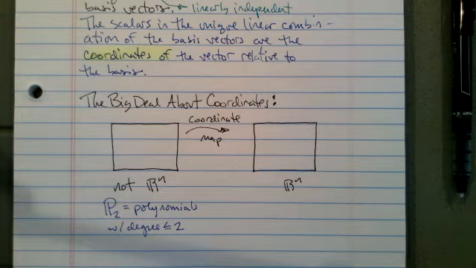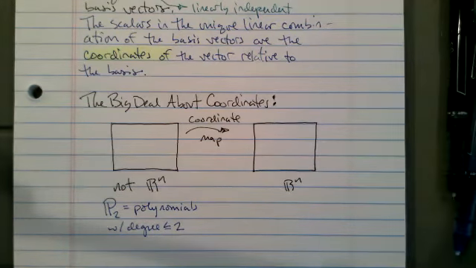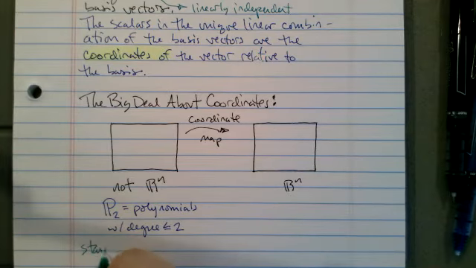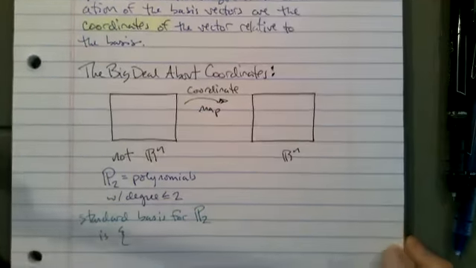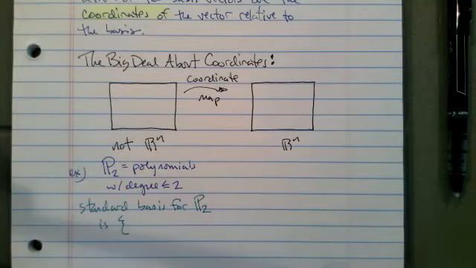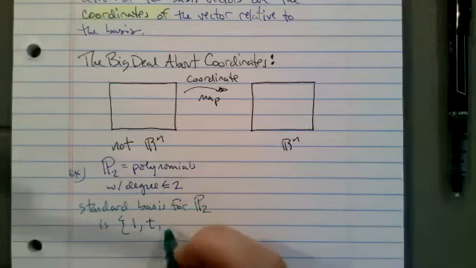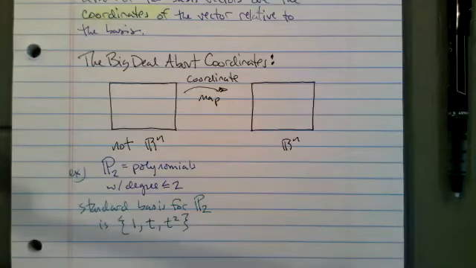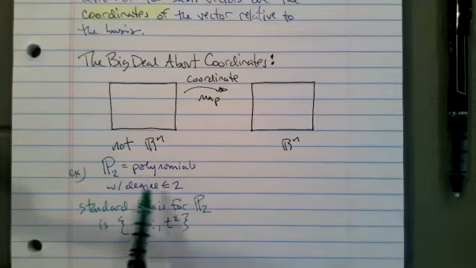A basis for this vector space, so I have to write down vectors that are in P2. This is an example of something that is not Rn. So it would be 1, t, and t squared. Every polynomial of degree less than or equal to 2 is a unique linear combination of these three vectors. They don't look like vectors in Rn because we're not in Rn.